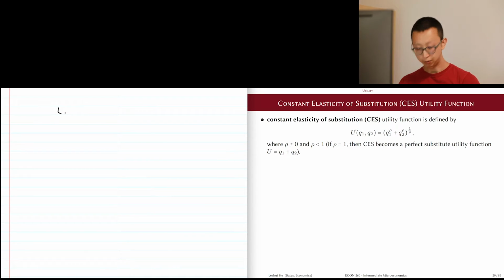To see that, if we have a function (x plus y) squared, and then take a square root of this, is this equal to x plus y?